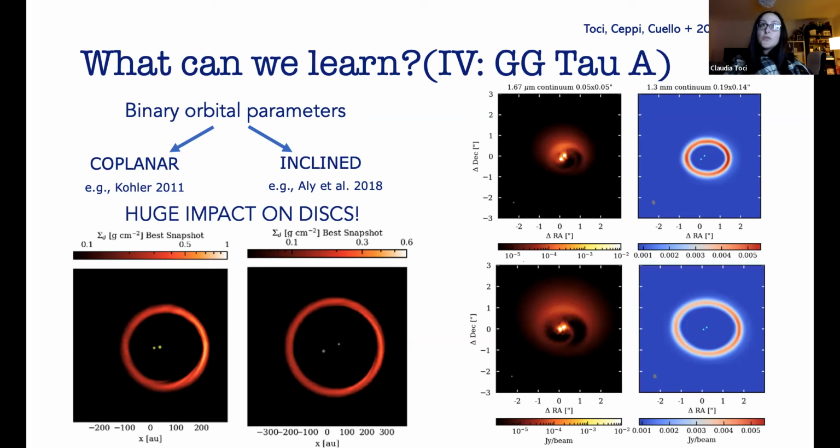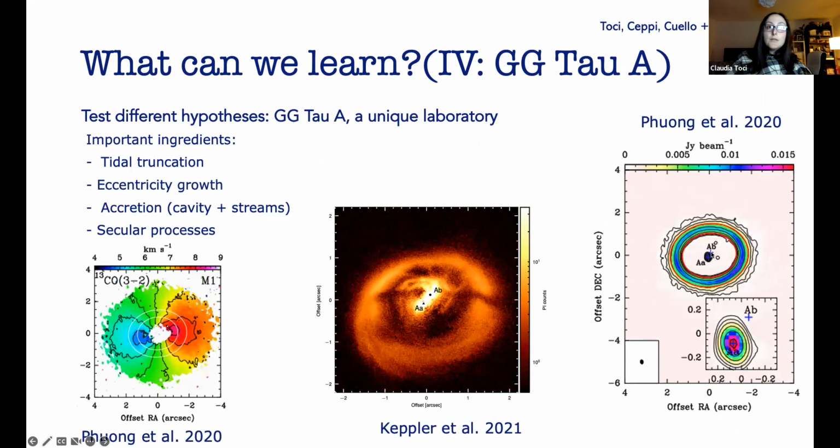Regarding the circumsecondary disk, the fact that we don't see any dust emission here in the cavity around AB is very relevant, because you have a very small tidal radius in between the small secondary. And regarding the streamers, yes, but I'm not sure it's so easy to model, because you're very, very sensitive to the phase between the secondary and the primary and the disk.